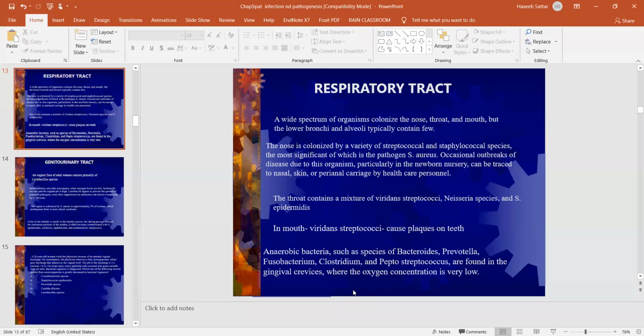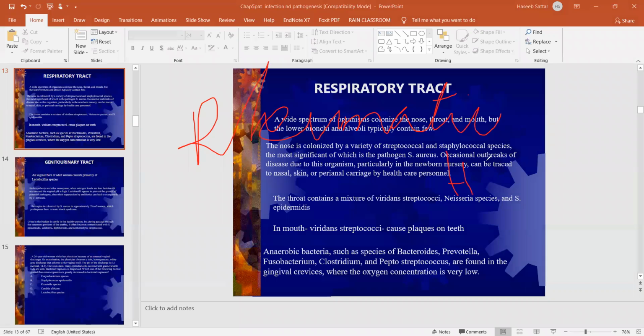Another important point: because these species can cause valvular heart diseases, collectively we call these valvular heart diseases rheumatic fever or rheumatic heart disease.